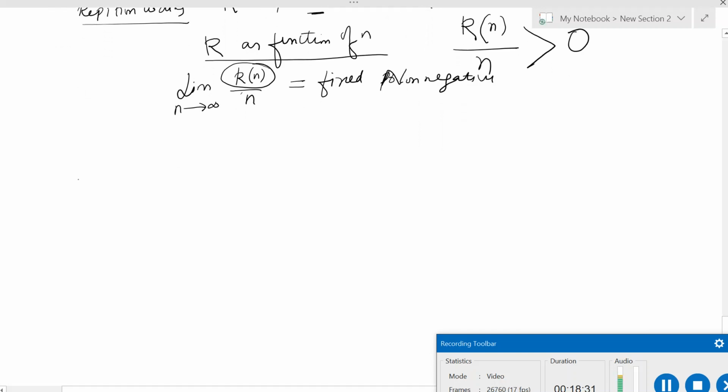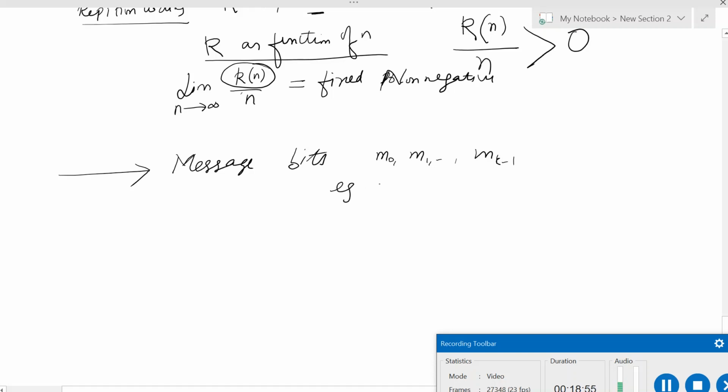Now here is the linear block code we will take. So we first have a message. Message bits we have, suppose m0, m1, up to m of k minus 1.